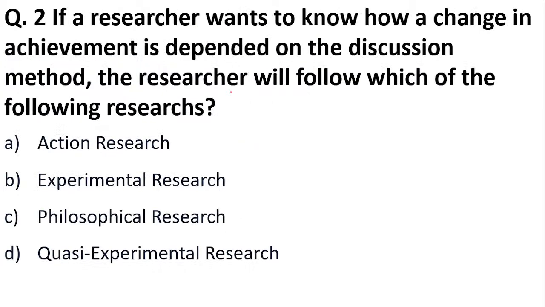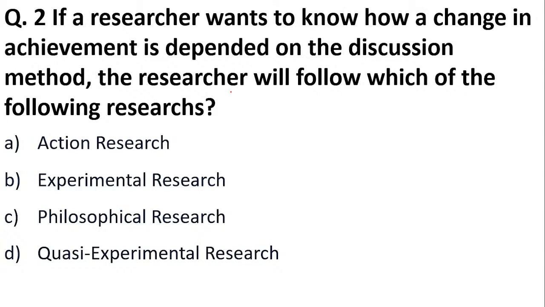Okay. Second question. If a researcher wants to know how a change in achievement is dependent on the discussion method, the researcher will follow which of the following researches? Action research, experimental research, psychological research, or quasi experimental research. Question number 2.